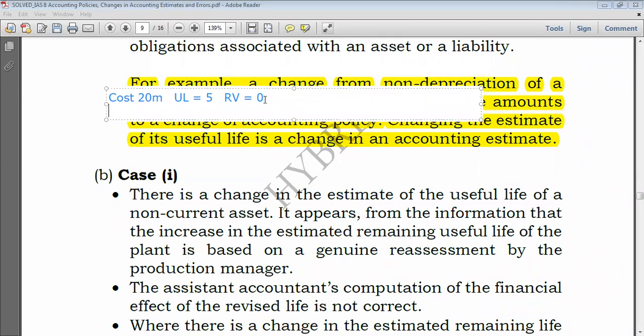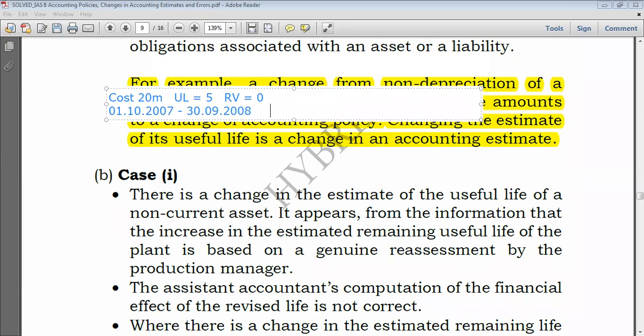So what should have been done? Actually, we were told the asset was bought on 1st October 2007. So this was the beginning of the year, and this year will end on 30 September 2008, right? This is how it would end.